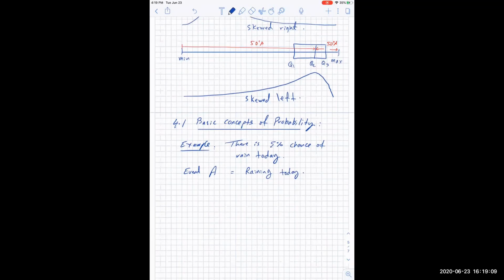And this event has a probability value, and we use this notation, P of A. And this means the probability of event A occurring.